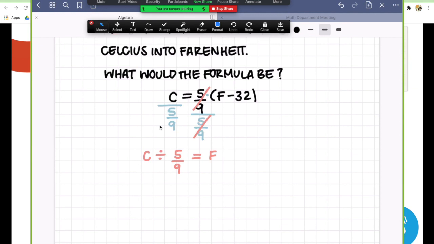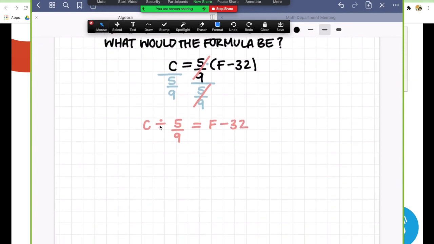And so we get Fahrenheit minus 32. Okay. Now when we are working with fractions, it's a little different whenever we divide them. The first thing that we need to change is the division sign. The division sign always turns into multiplication. And we also know that our fraction needs to be flipped, which means that we get 9/5 instead of 5/9. And then the C just stays the same. That one doesn't matter. So we get Fahrenheit minus 32.